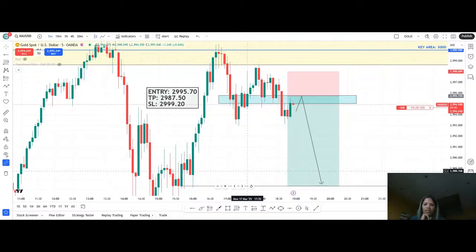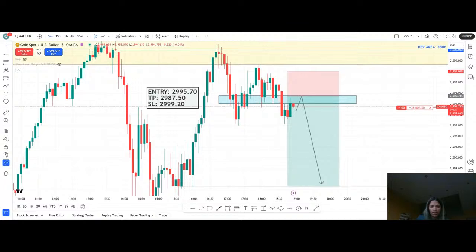So that candle rejected off nicely on that zone there. The way it closed, it looks a bit good. Bearish momentum is still strong. So let's see, I am in.